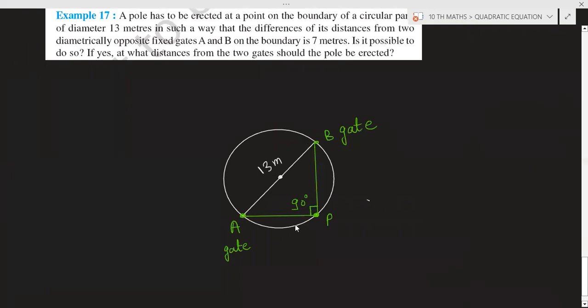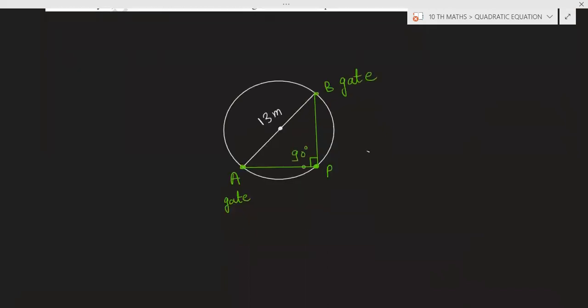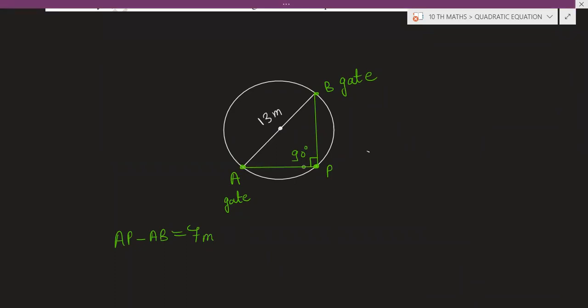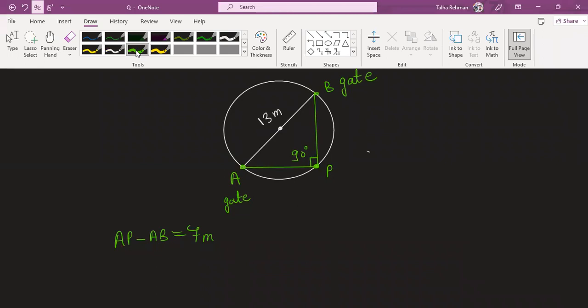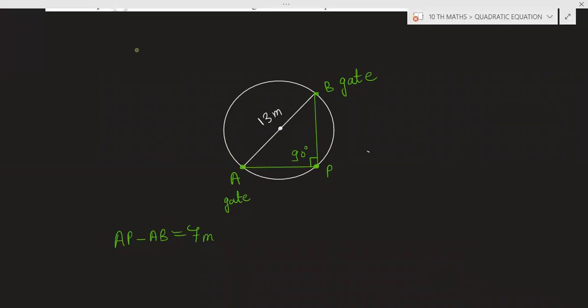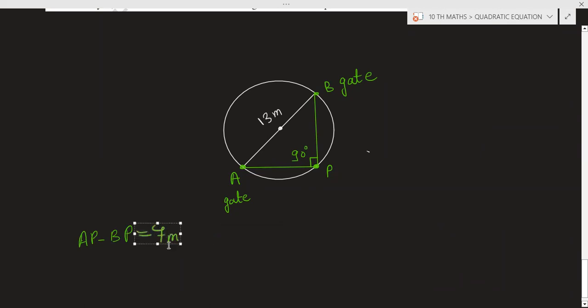Okay, now the difference AP minus PB is equal to 7 meters. They are saying 7 meters. This is PB, not AB. The distance AP minus BP is equal to 7.